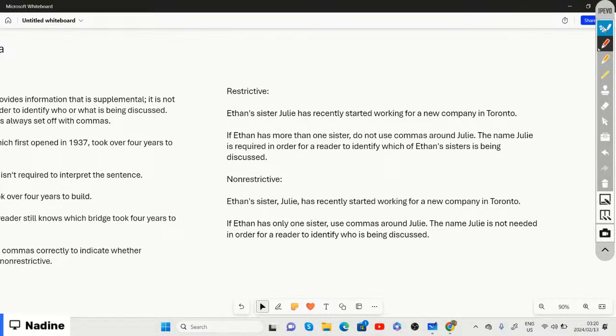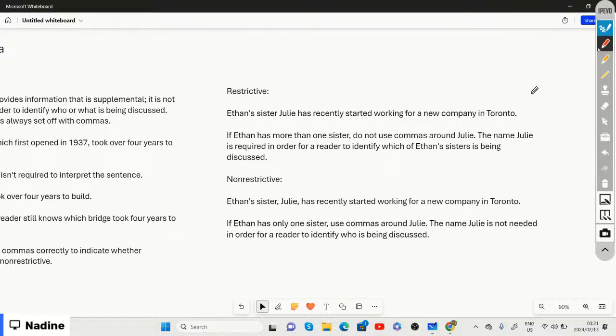All right. And then we have non-restrictive elements. Remember, with non-restrictive elements, we need to use commas, or it's set off with commas. For example, Ethan's sister, Julie, has recently started working for a new company in Toronto.